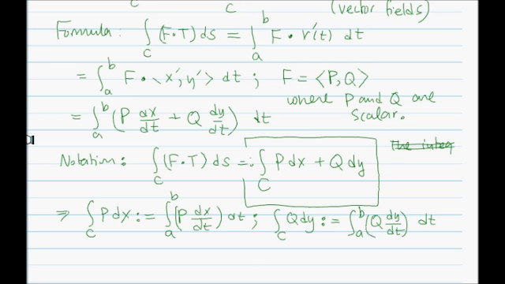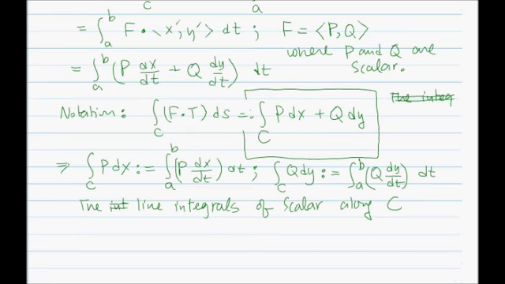So these integrals are called line integrals of a scalar function along C. It seems like nothing's different, but what you're multiplying at the end is not ds.